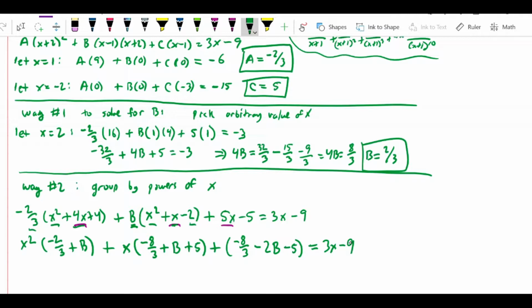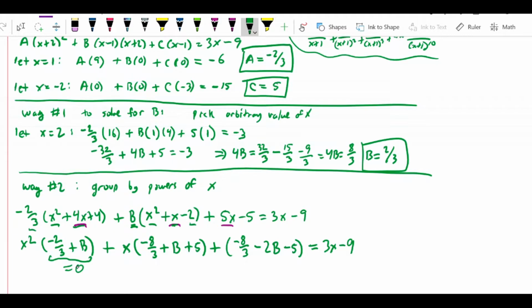So what I want you to do is look at this. Coefficients are going to have to match. I really only need one of these, but sometimes you're doing a bunch of them at one time, and it's easier if you just write out what all of these are, and then you get a whole bunch of little equations that you can solve. What we know is that there is no x squared term on the right, which means that whatever this is it's going to have to equal 0.